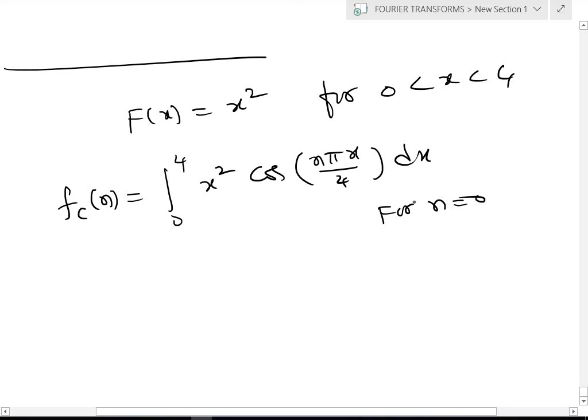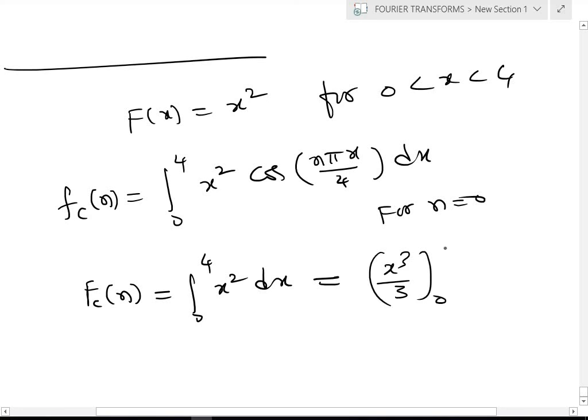For n is equal to 0, cos 0 will be 1. Then only the x square term is there. So integral 0 to 4 x square dx, that is x cube by 3 with limits 0 to 4. The upper limit will contribute 64 divided by 3.